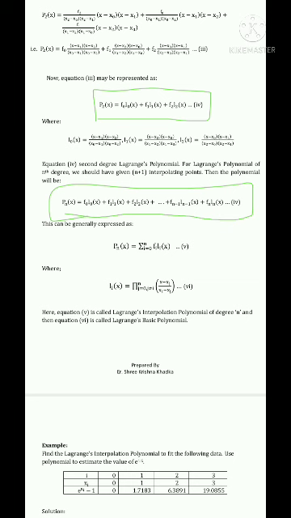In this case, our function is e raised to x sub i minus 1. Again, our function here is e raised to x sub i minus 1. That is our main function. So here, we are trying to estimate the value of e raised to 1.5.